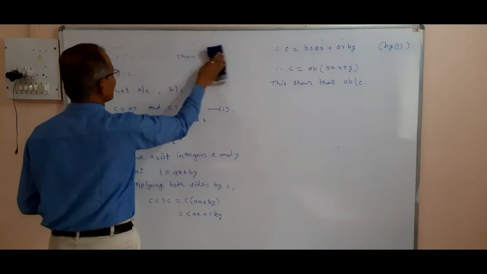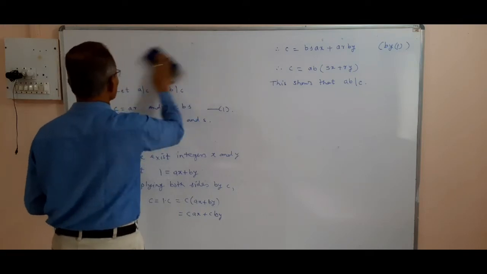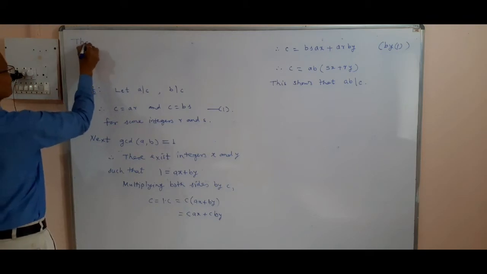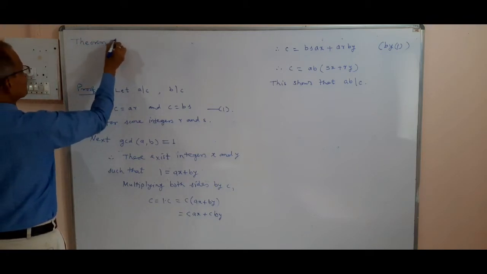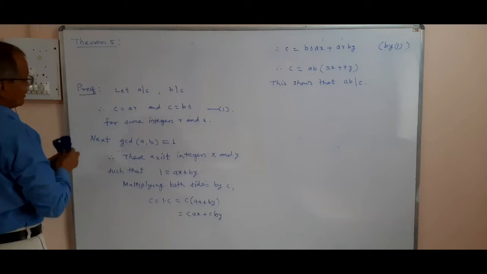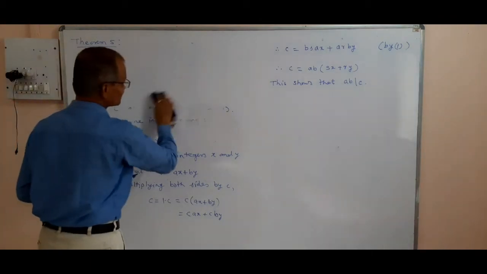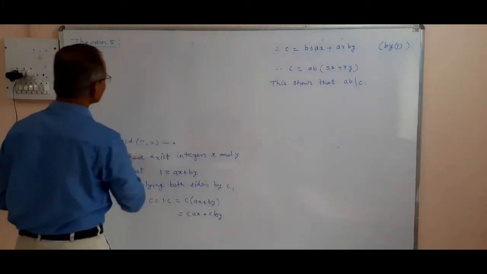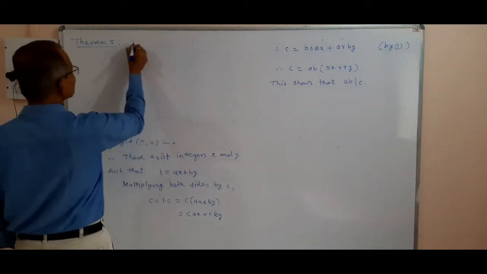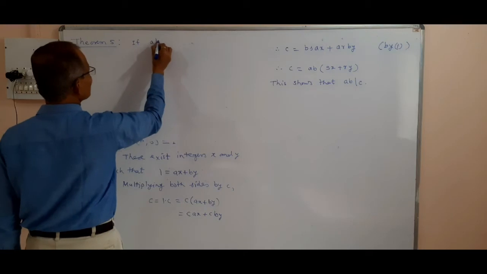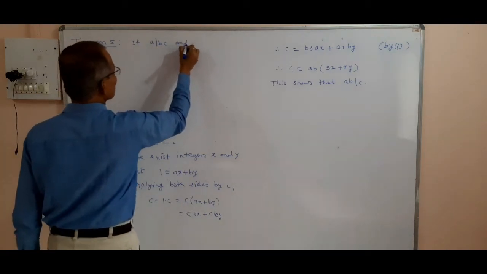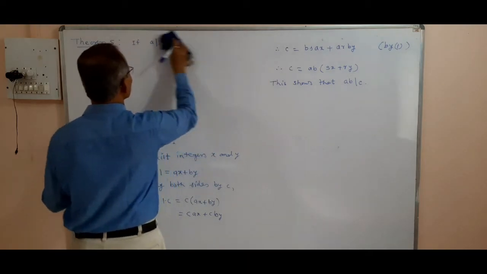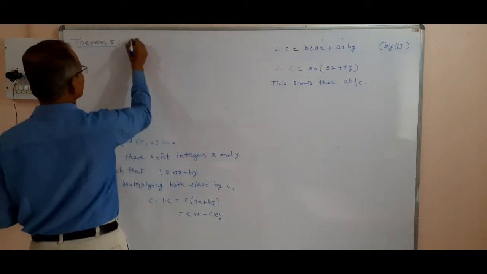Now next we will have theorem number 5 as Euler theorem. Let A divides B into C, and GCD of AB, or we name this theorem as first Euler theorem.